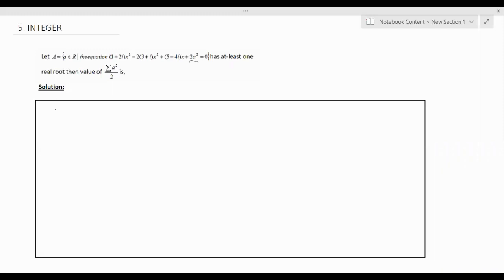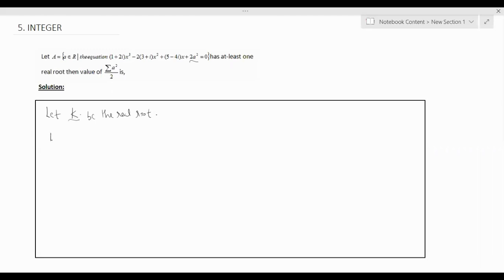So how do we proceed with this? Let's consider there is at least one real root. Let K be the real root. I'm assuming K is a real root which satisfies this equation. It means that K should be a real number.